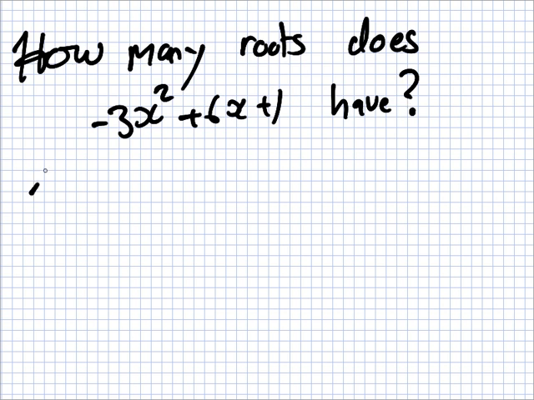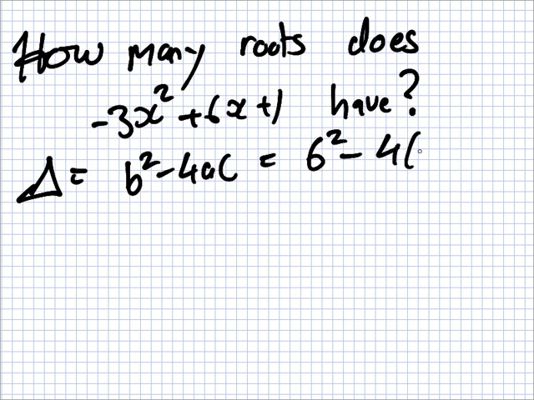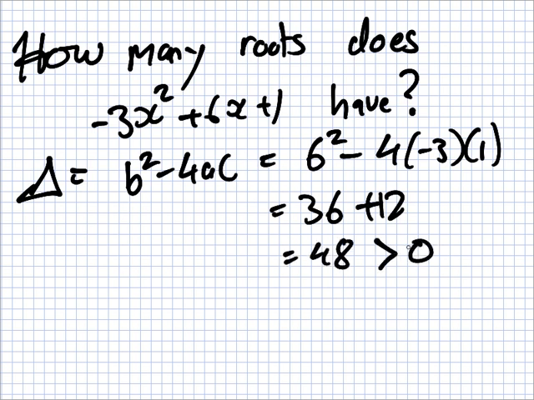So, the discriminant is b squared minus 4ac, so that would be 6 squared minus 4 times minus 3 times 1. That's 36 plus 12, which is 48, which is positive.